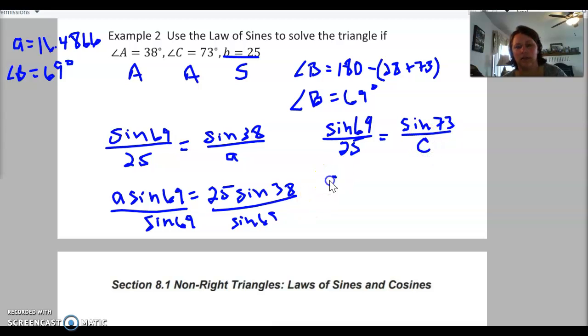And then solve again. So we have C sine 69 equals 25 sine of 73 divided by the sine of 69.